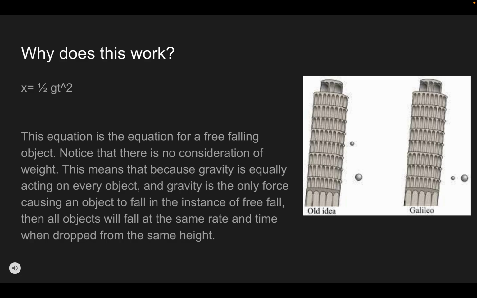So the key note here is that in an equation like this, or in our scientific practice, there is no consideration for the mass or the weight of the object, since the only force really acting on our object, like our paper or a rock or ball, is gravity itself. It's almost as if they just throw mass out the window. It doesn't matter.